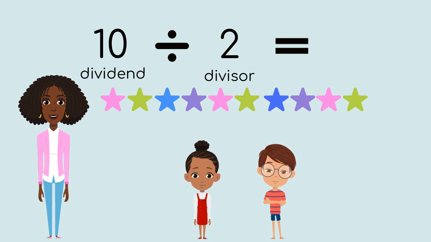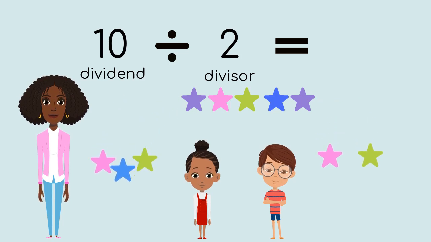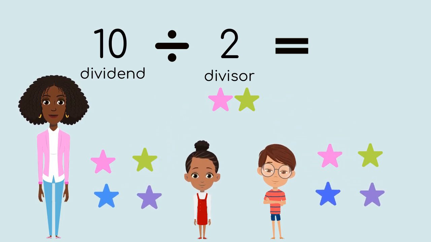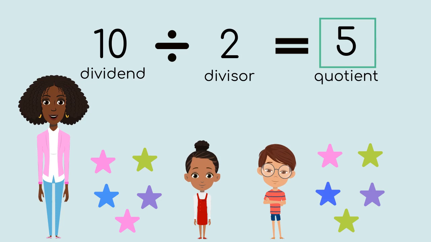Let's give each friend 1 sticker at a time until there are no stickers left. I can see that each friend will get 5 stickers. 10 divided by 2 equals 5.